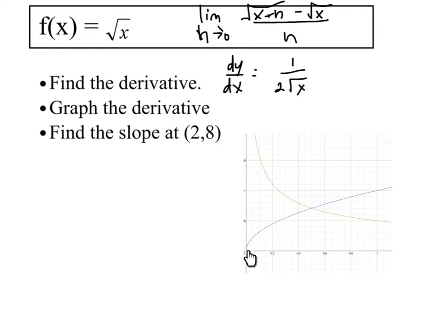Here we have a slope that's very steep, and it's actually exactly vertical right there. So you see the derivative is approaching a very large number, approaching infinity, because it's approaching this very steep slope. And again, to find the slope at 2, we just plug 2 into our derivative: 1 over 2 times the square root of 2.